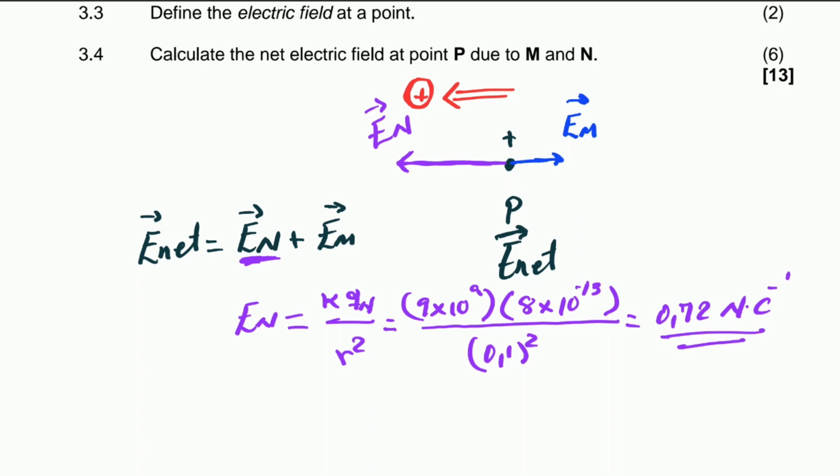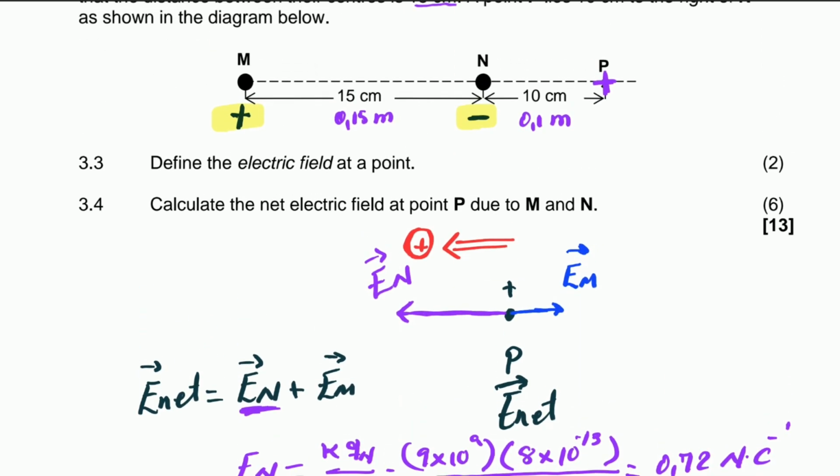Now we are going to do the same for electric field M. Now, before we substitute, because I'm going to fast forward for the substitution, you need to know that the distance is from here to the point. So that is the distance, and that will be 0.15 plus 0.1, which is 0.25 meters. That is an important detail here.